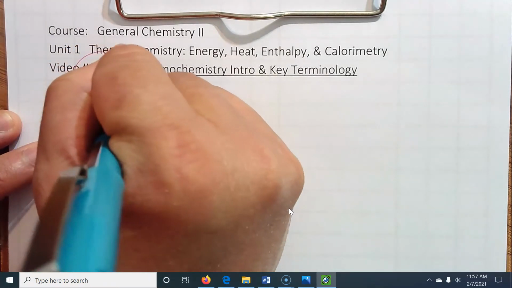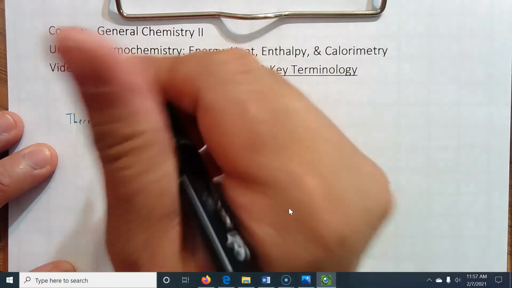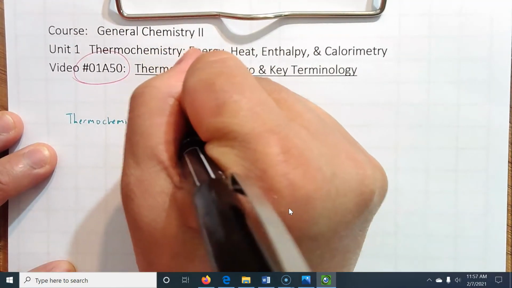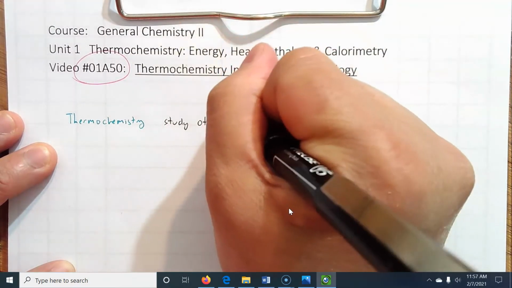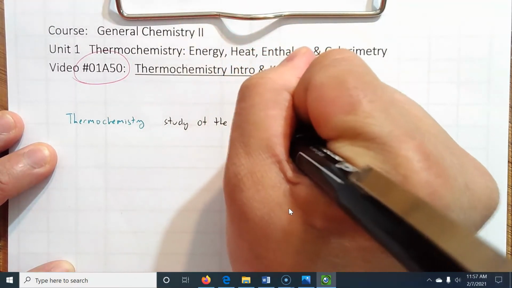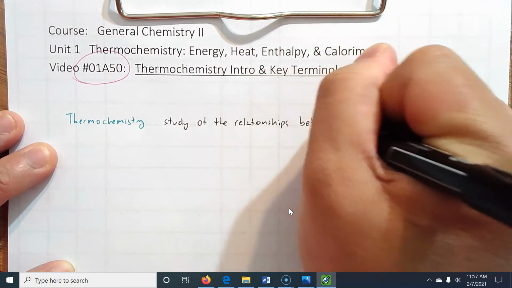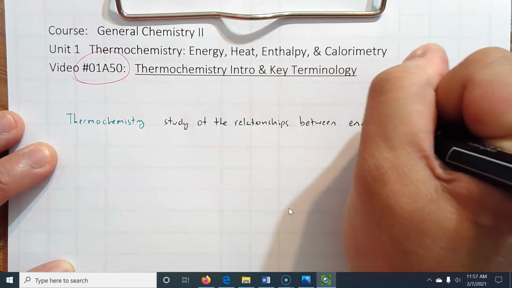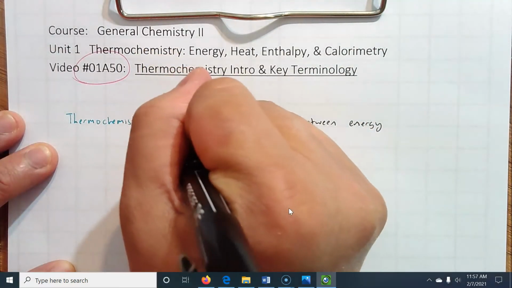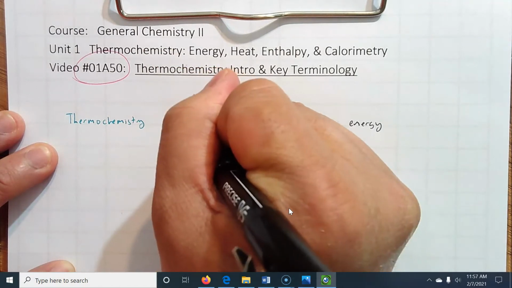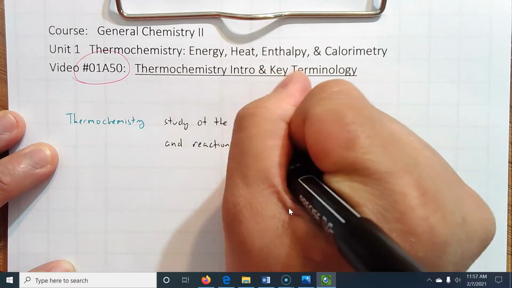Thermochemistry is the study of the relationships between energy and reactions, chemical reactions, and processes.